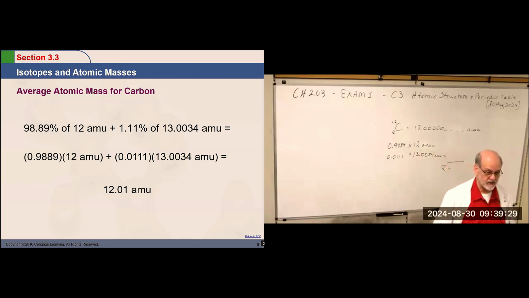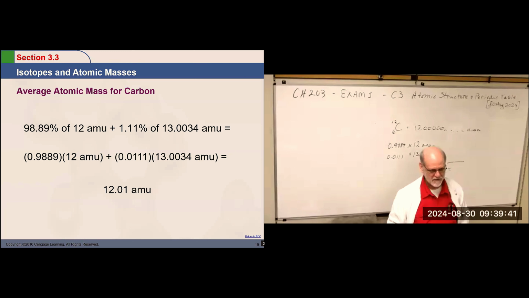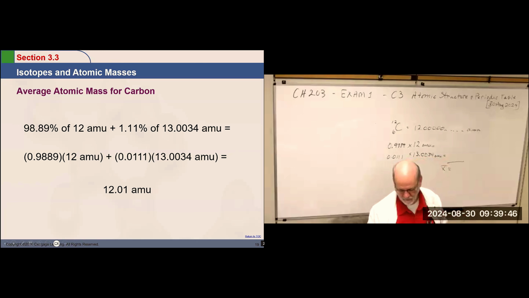Those values will change the next time the periodic table is updated, but they'll change about the 5th or 6th or higher number of decimal places. The second decimal place will never change. So that's why we just stick to 2 decimals. We can use an old chart and get perfectly good results for teaching purposes.